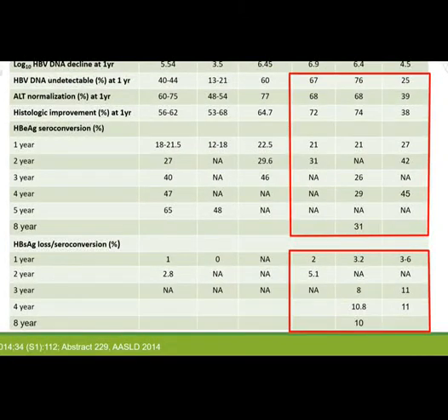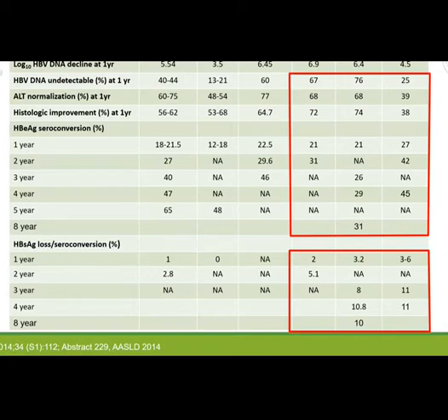Now, this is a table which you can see: hepatitis B virus DNA undetectable after 1 year. These are the medicines: lamivudine, adefovir, telbivudine. You can see entecavir 67, tenofovir 76, and pegylated interferon 25%.